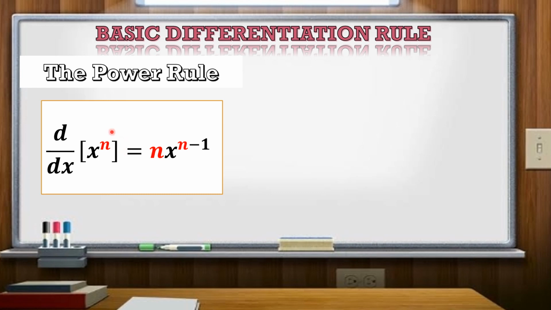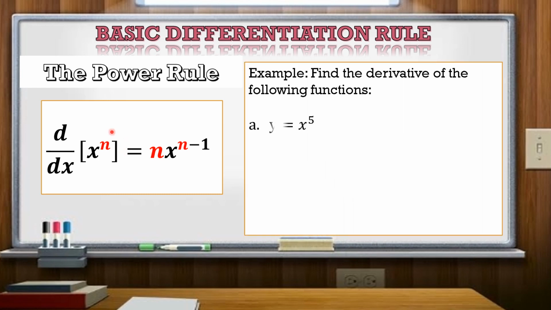For example, letter A, y is equal to x to the 5th power. Letter B, f of x is equal to x to the 20th power. And letter C, g of x is equal to 1 over x to the 7th power. So, gagamitin natin yung power rule kasi nga meron tayong existence of your exponent. And also, meron tayong variable.